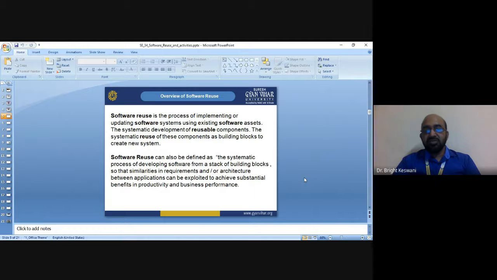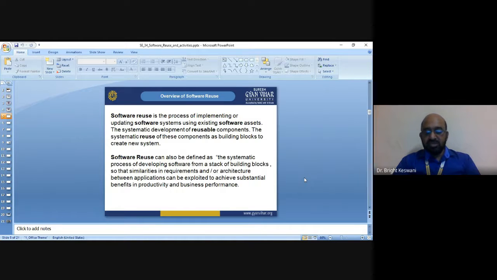Software reuse can also be defined as the systematic process of developing software from a stock of building blocks, so that similarities in requirements and architecture between applications can be exploited to achieve substantial benefits in productivity and business performance.